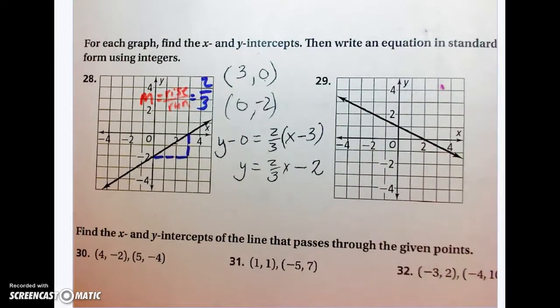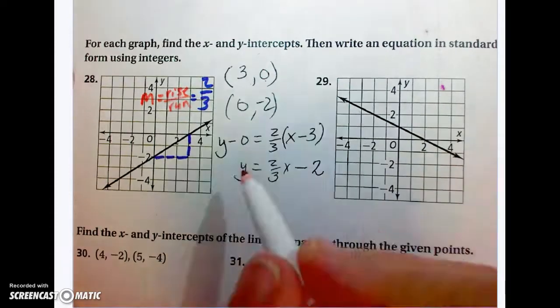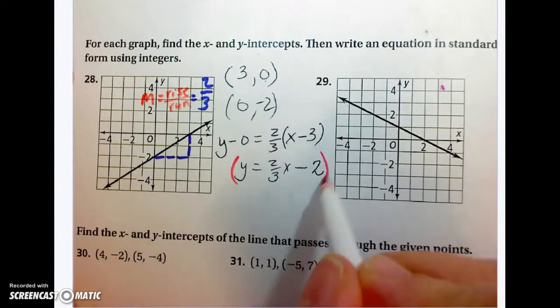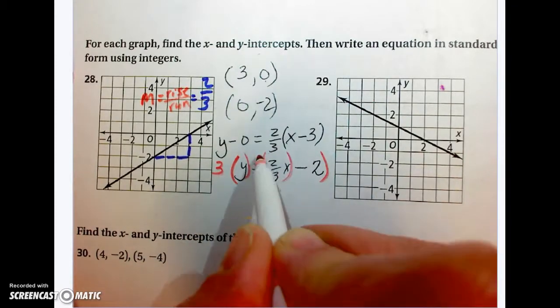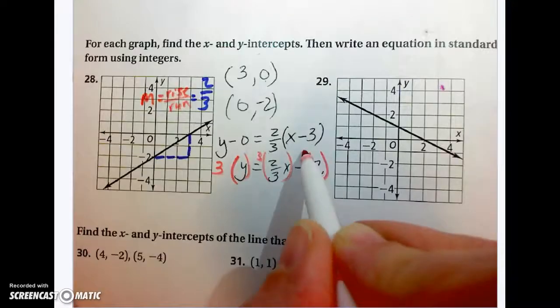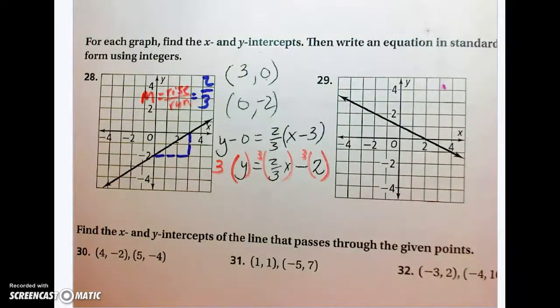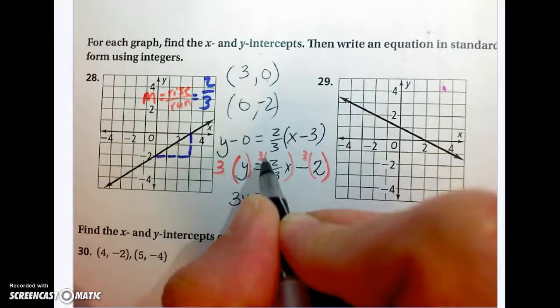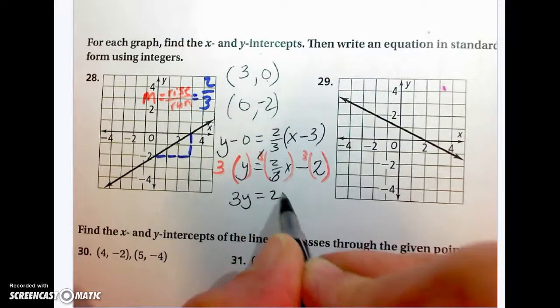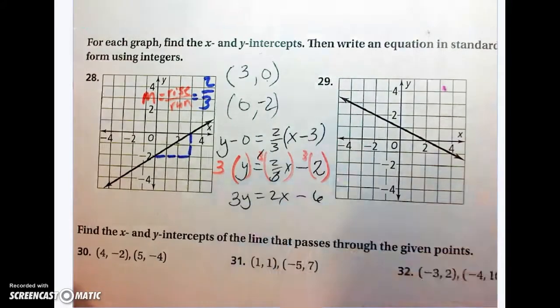But I don't want to have any fraction, so I want to get rid of it already. So I'm going to multiply everybody, and we can do it this way too. Everyone gets multiplied by 3. So 3y, the 3's cancel in this one, 2x minus 6.